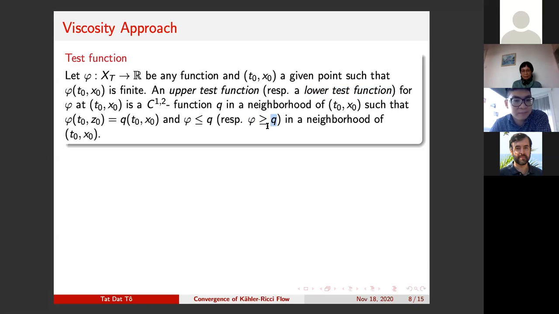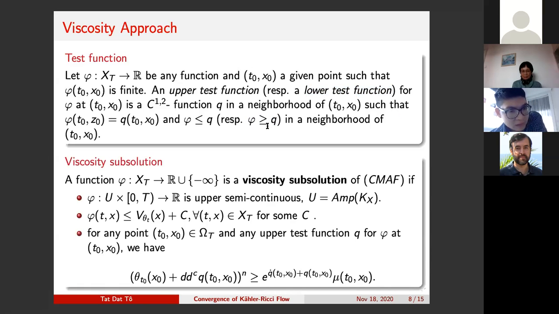Now we can define the viscosity subsolution. I emphasize that this definition is in our setting, I mean the setting of a manifold whose canonical bundle is big. So now a function phi_t from X_t to R, which may take the value minus infinity, is a viscosity subsolution for the complex Monge-Ampère flow on the last slide if it is defined on the ample locus times the time interval and is upper semi-continuous on this set.